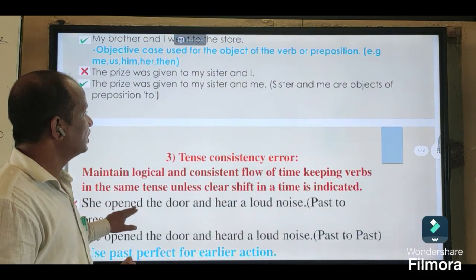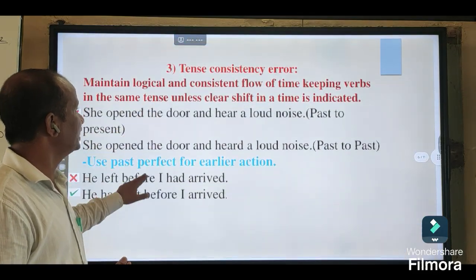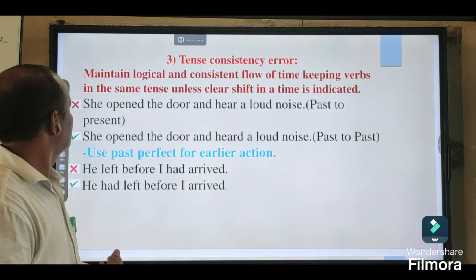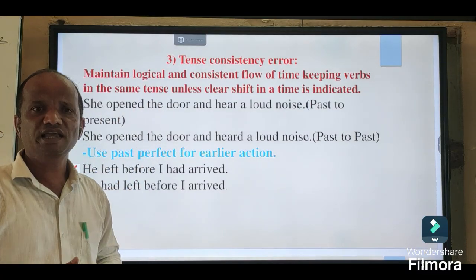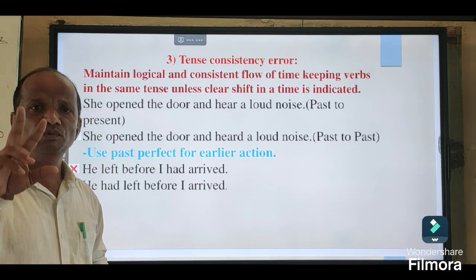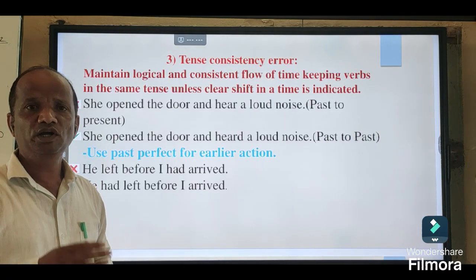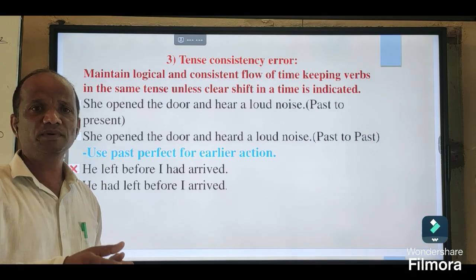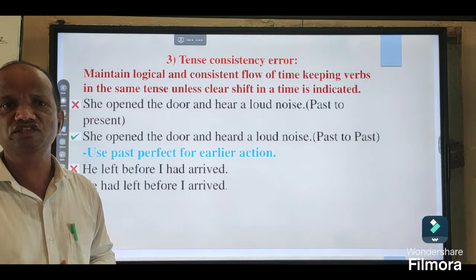After discussing the pronoun error, we are coming toward the third error, that is the tense consistency error. My dear parents, this error happens when there is a sudden shift of tense in a sentence. When two clauses are given in the sentences, our rule says that we have to keep the same tense in both of the clauses.